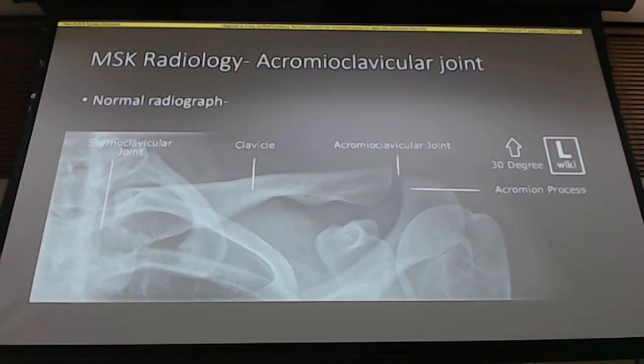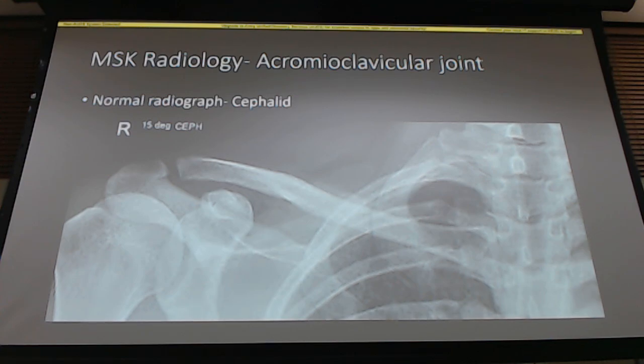You can't really see the curvature of the clavicle in that view. Everybody agrees with that? But then when you come here, you can see a little curvature right here at the distal end of the clavicle. You see that? That's why you get that view, looking at it from a different angle.